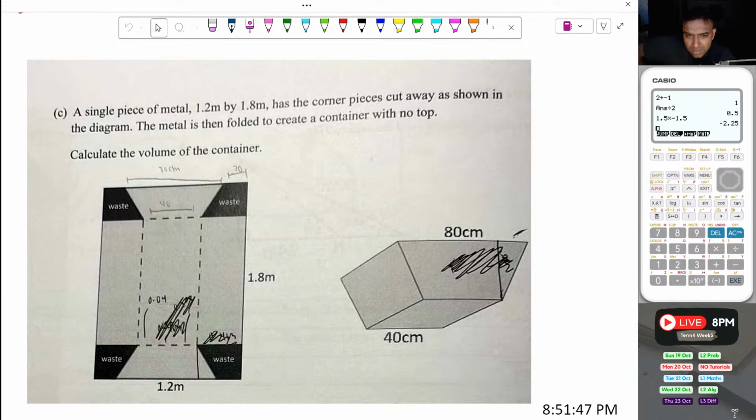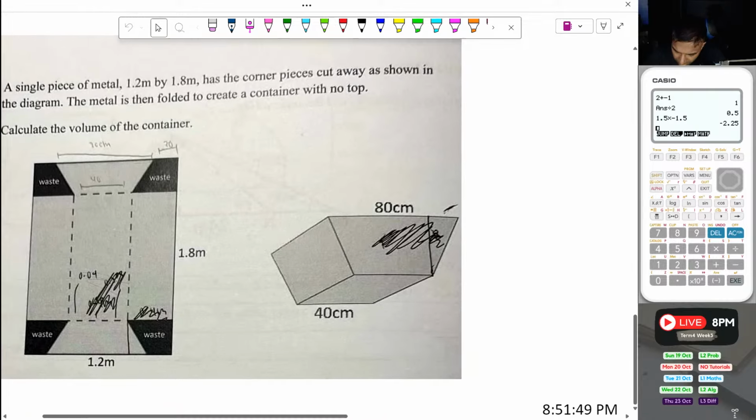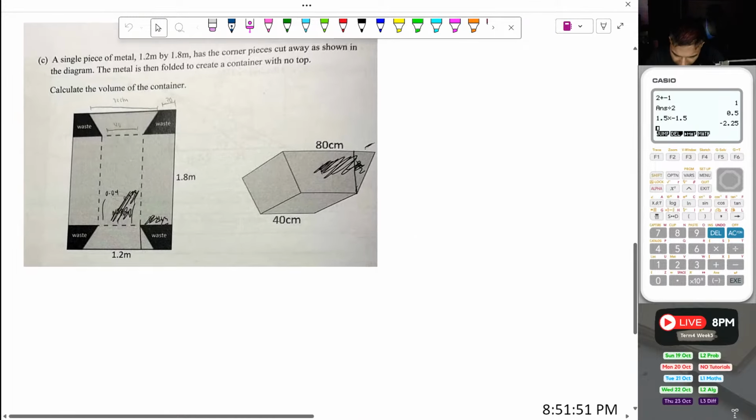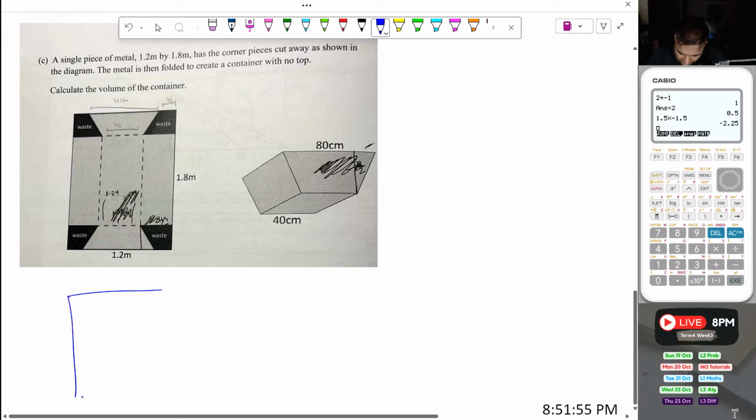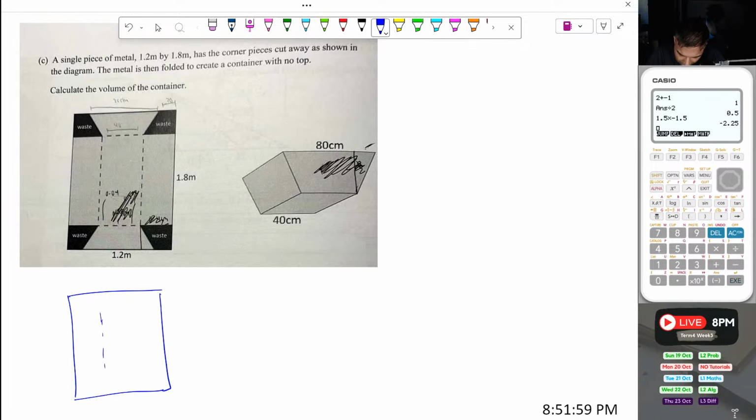Okay. So, what I'm going to do is I'm going to redraw this diagram first because we're not going to use this person's diagram as it might get a little bit confusing. So, we've got like this little, yeah, there's my shape. All right.